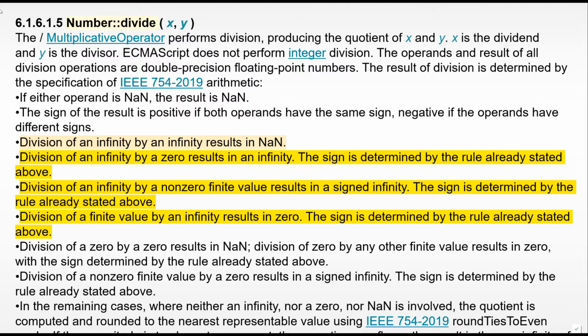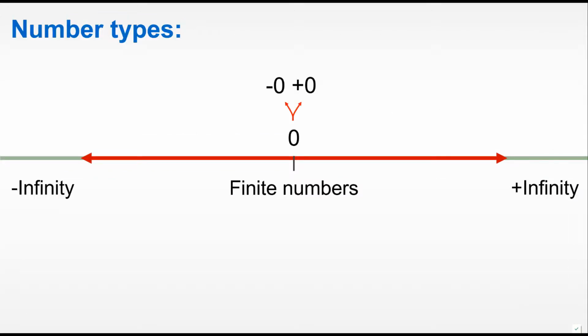So let us say a few words about this not-a-number type of number, which is probably the most confusing one of the bunch. We have already discussed finite numbers, 0 and its positive and negative variety, positive and negative infinity. But there is one last type of number that usually people find the most confusing, which is the NaN, the not a number type.